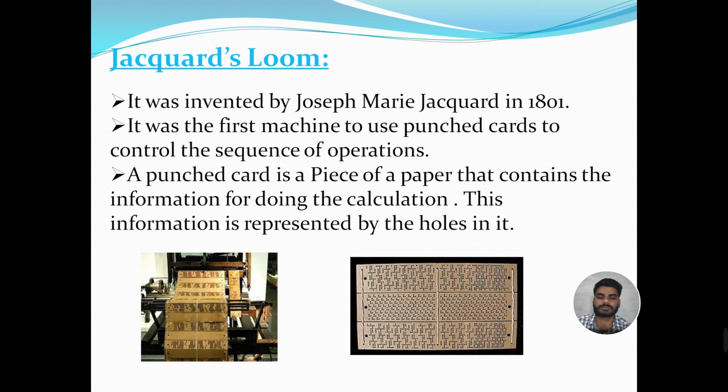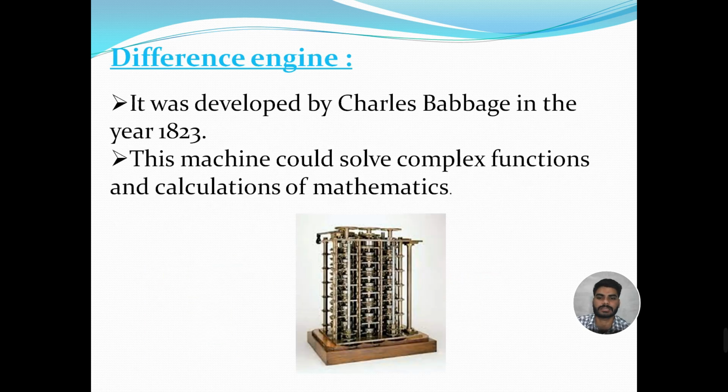Now let's move to our next device, that is the difference engine. The difference engine was developed by Charles Babbage, who is also known as the father of the computer, in the year 1823. This machine could solve complex functions and calculations of mathematics.